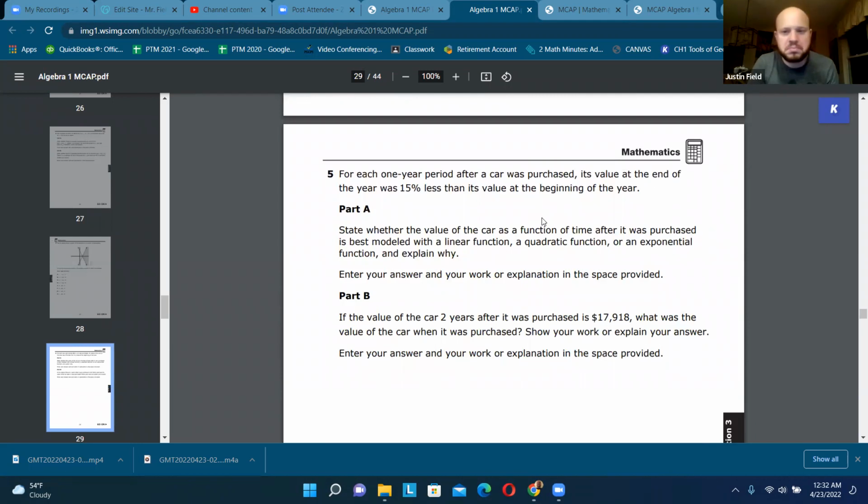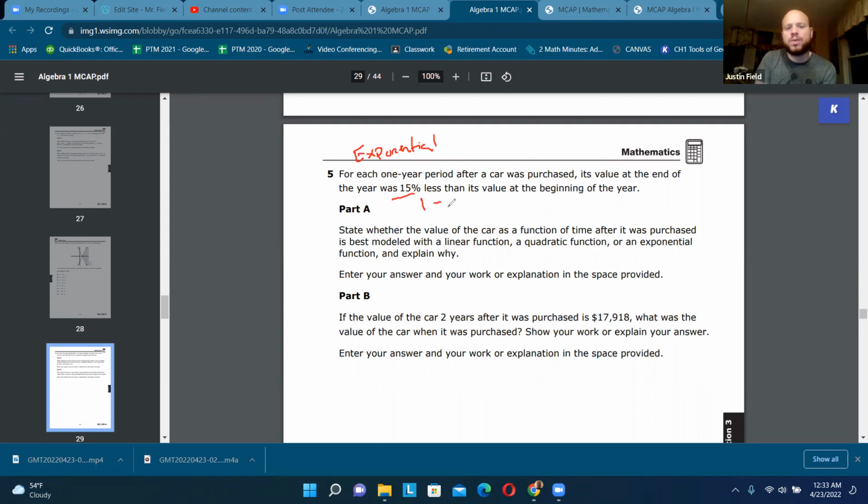Checkmate. For each 1 year period after a car was purchased, I'm seeing percentage, I'm seeing exponential. I'm seeing a lot of exponential questions on this test. Very powerful function. All right. For each 1 year period after the car was purchased, its value at the end of the year was 15% less than at the beginning of the year.